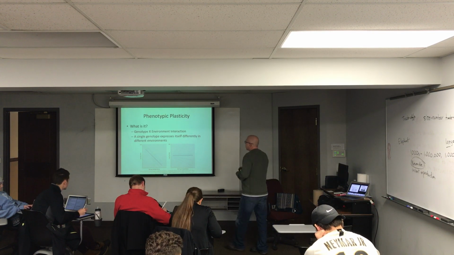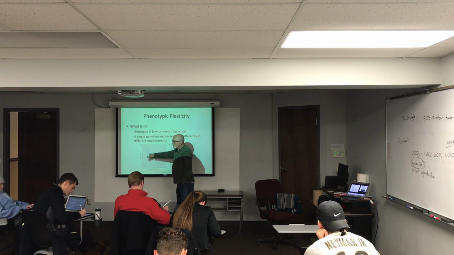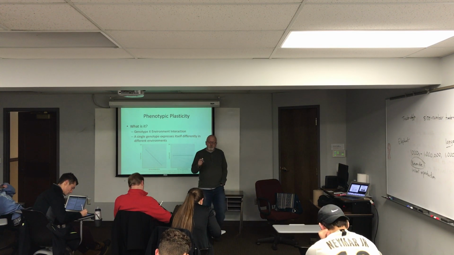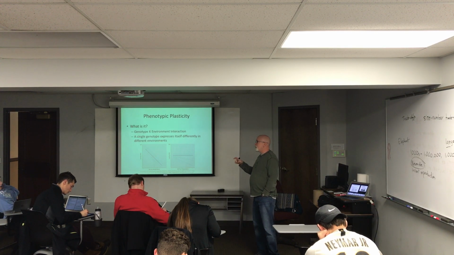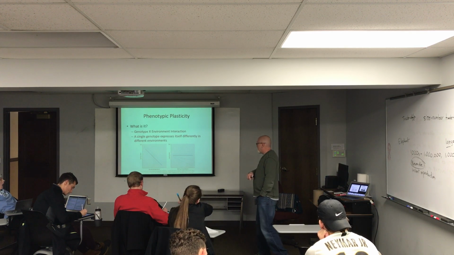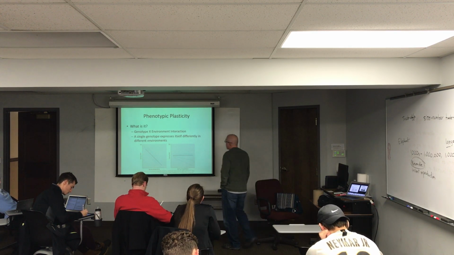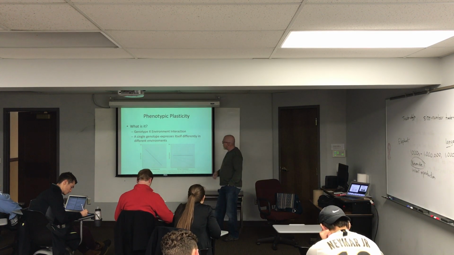Phenotypic plasticity is a situation where you put these single genotypes in different environments, and the expression of that genotype is affected by the environment that it happens to find itself in. And so that's why it's called a genotype by environment interaction. A single genotype expresses itself differently in different environments.